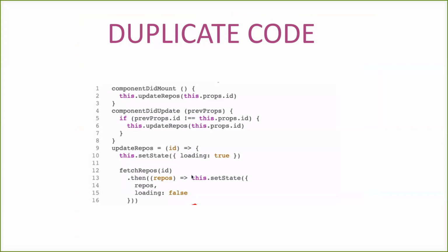And if you look closely, you would see some sort of duplicacy in all these three things. By duplicacy, I mean this is our update repos. We are passing an ID and keeping it in sync with the props. So you see this update repos is being called again and again in these two life cycle methods.